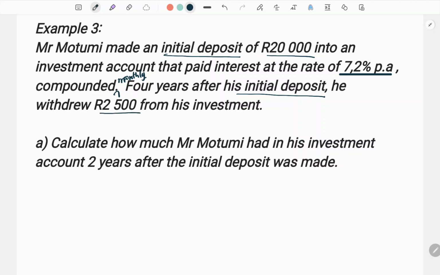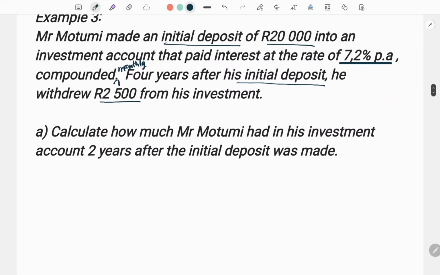Now, before you can go to the question, you have to draw a timeline. Let's look at the timeline.